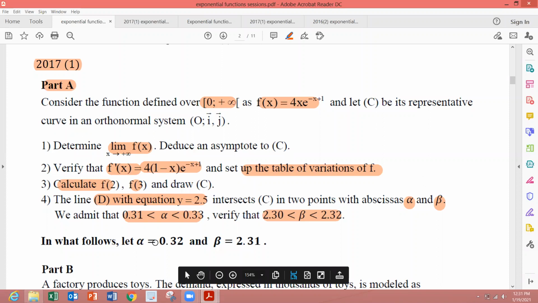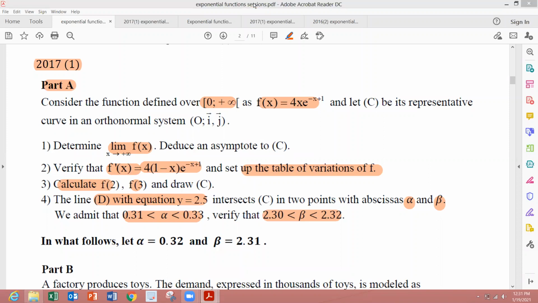What do you have to do? How to prove beta is between these numbers? You replace x by the number, and then we compare it with what?